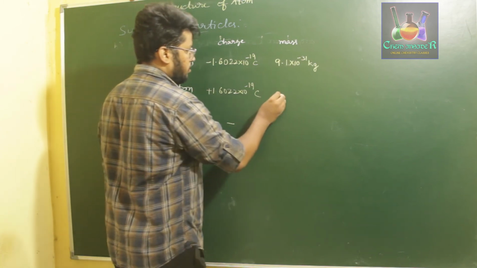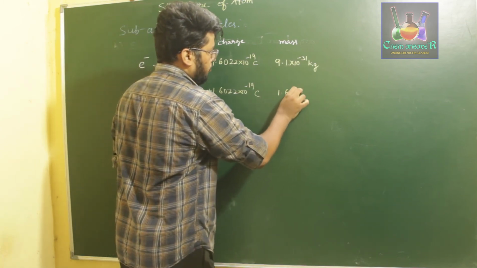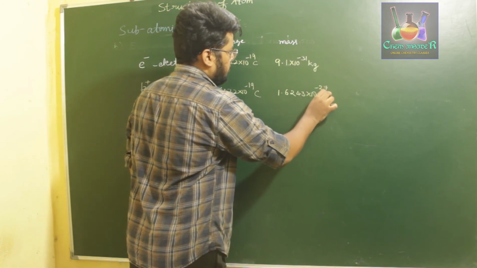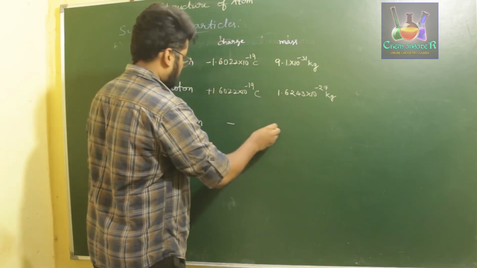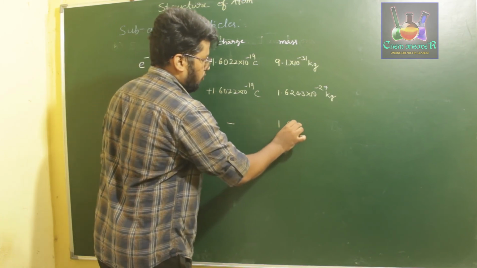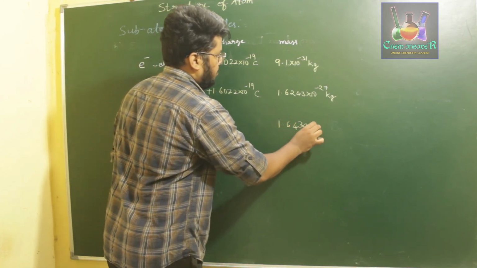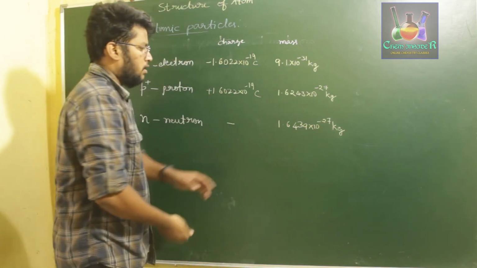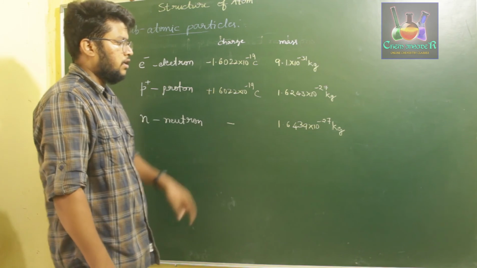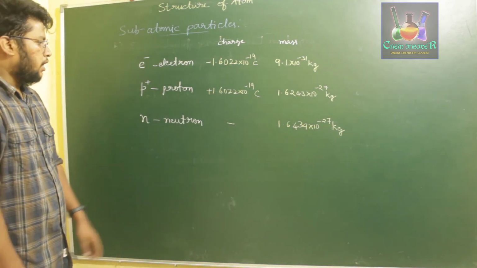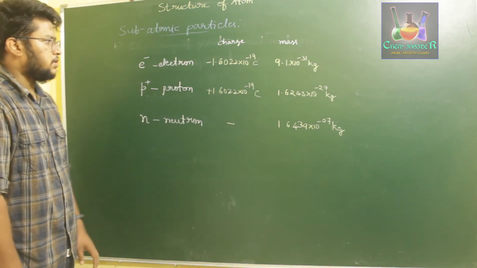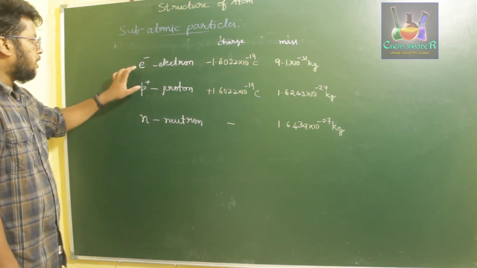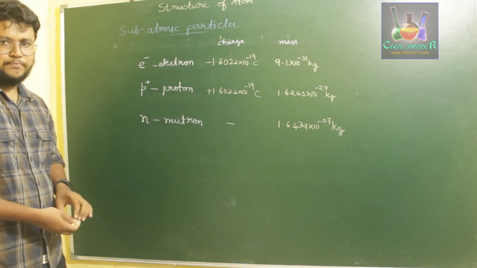The mass of the proton was 1.6243 into 10 power minus 27 kg. The mass of the neutron is 1.6439 into 10 power minus 27 kg. So if you observe here, the mass of the neutron is slightly greater than the mass of the proton and it has zero charge. These are the specific charges and masses related to the electron, proton and neutron.